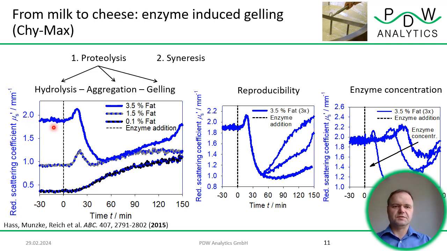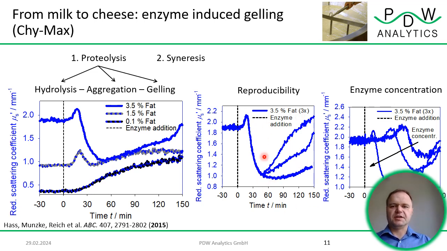concentration also shows the highest scattering, and as function of time after adding the enzyme, we see effects in the suspension. So we have a hydrolysis period, an aggregation period, and a gelling period. The initial 2 periods, hydrolysis and aggregation, are highly reproducible. So 3 times the same milk has been treated by enzyme.